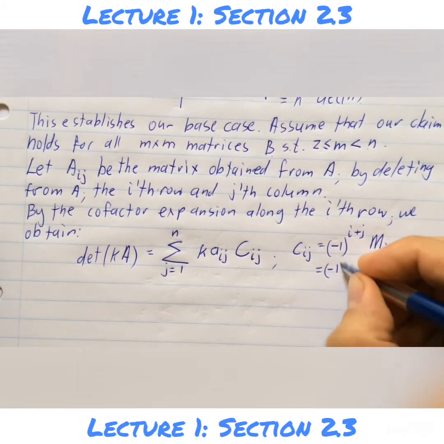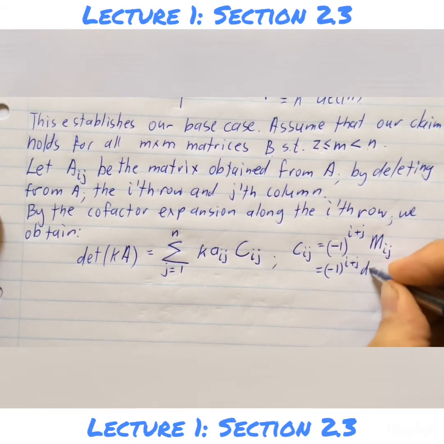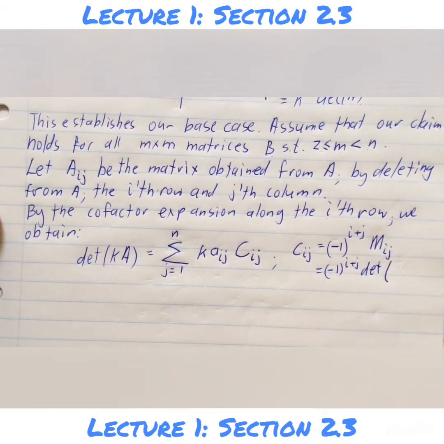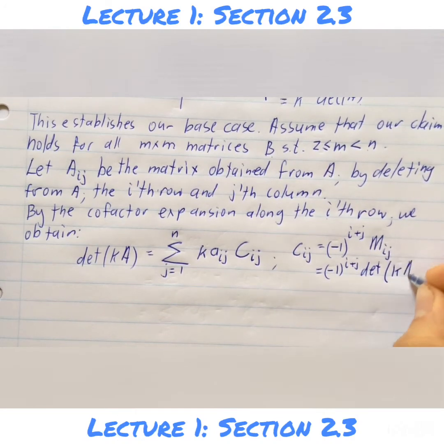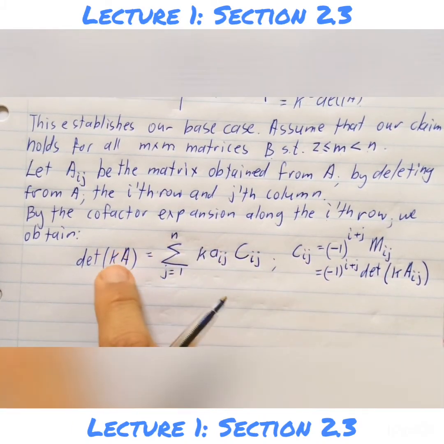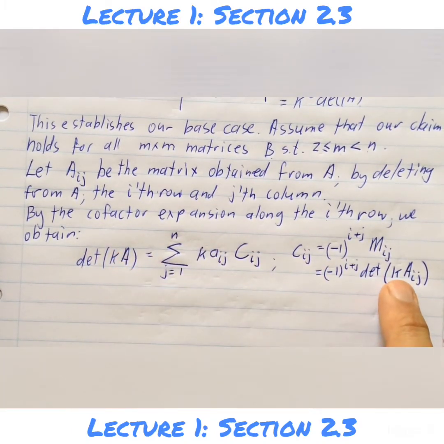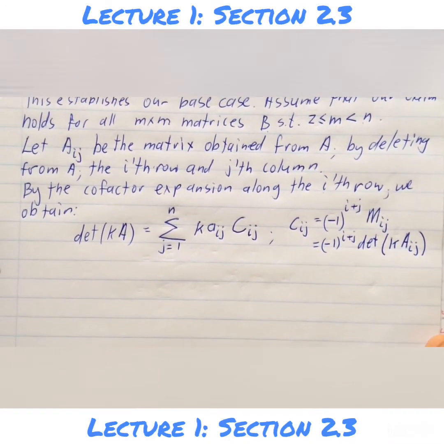By our definition, that is the determinant of the scalar multiple of this matrix here, which we defined as the matrix obtained by deleting the ith row and jth column. But deleting the ith row and jth column of KA is the same as deleting the ith row and jth column of A and then multiplying the resulting matrix by K. Now it becomes a straightforward substitution.